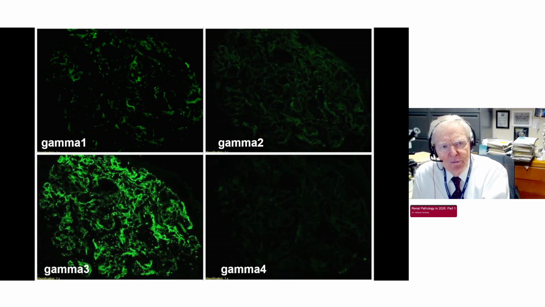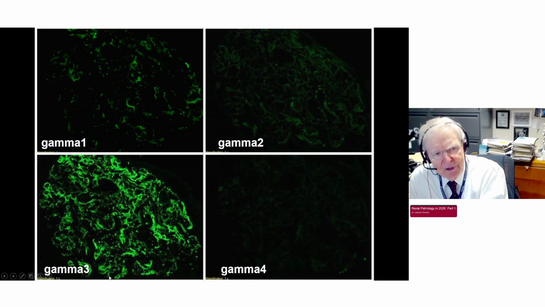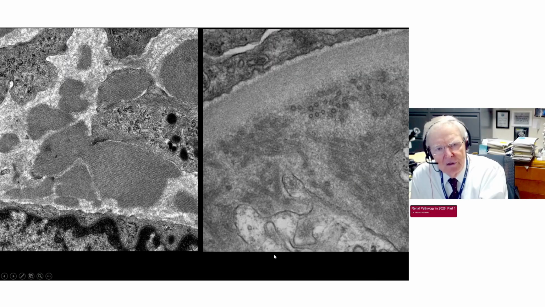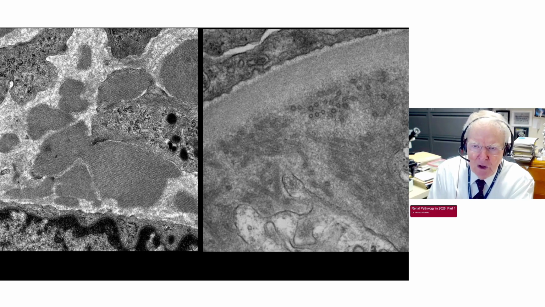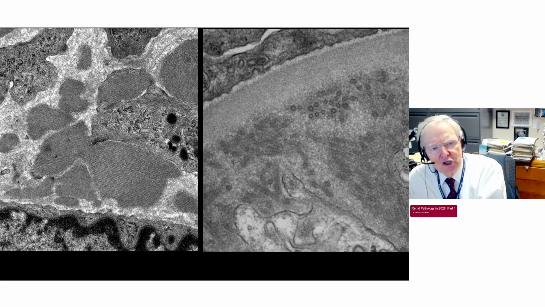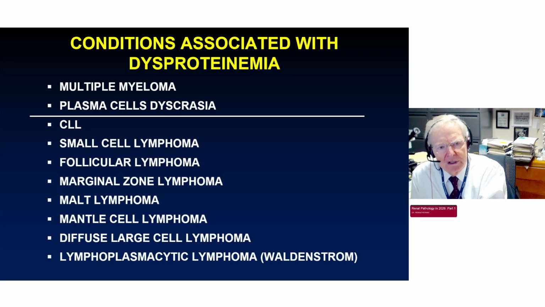We demonstrate the monoclonality of this not only by the light chain, but also by the heavy chain. In this case, it is a gamma-3 that is depositing and not the other heavy chain of the immunoglobulin. So clearly a monoclonal, and very often these deposits have substructures. Here you can see this parallel line array. Sometimes they are microtubular.